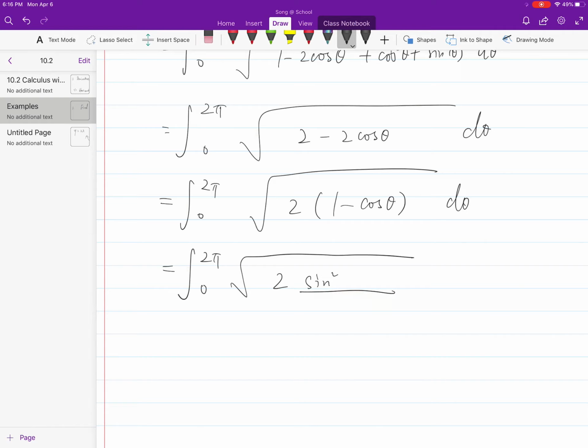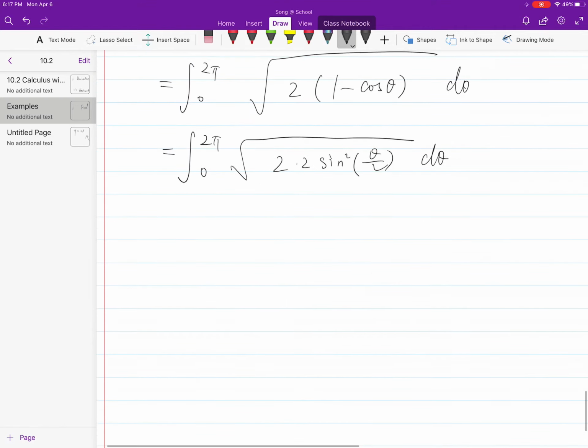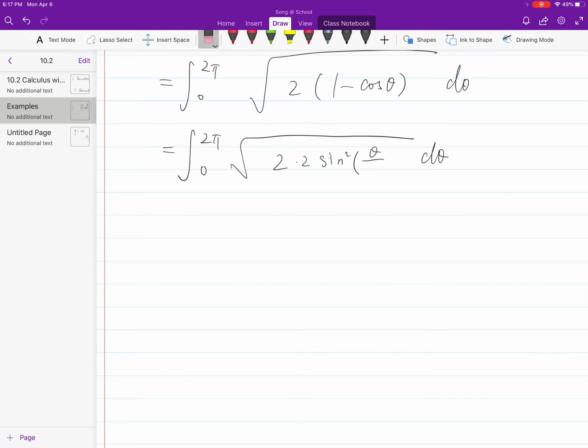But you need a double angle formula, so I'm going to put 2 sine squared of the half angle d theta. Take some time to reflect on that. There's no shortcut. You just have to know the formula.